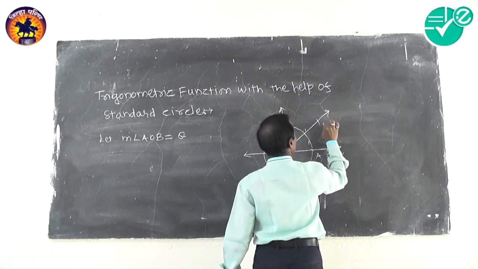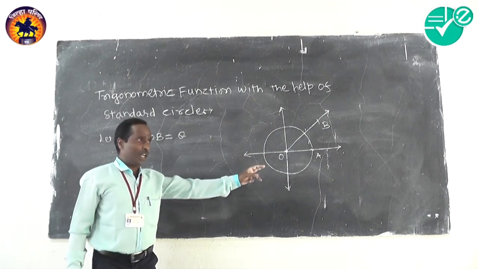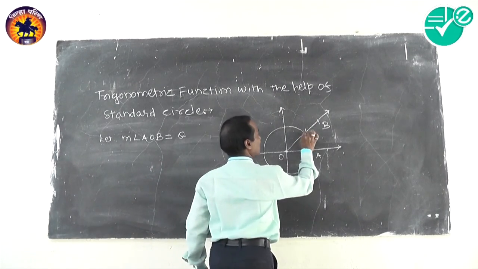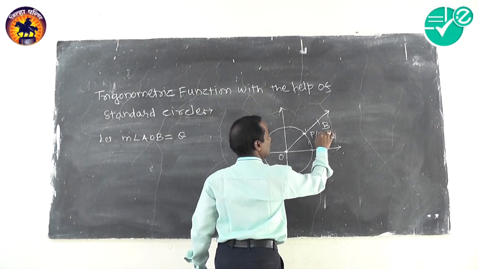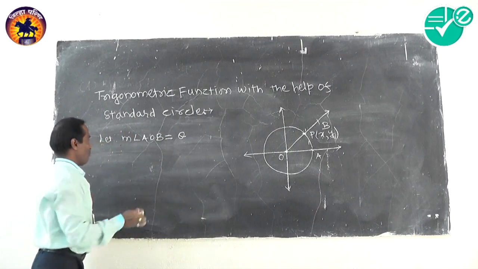So angle AOB is in standard position. Terminal arm OB intersects the circle at point P. Let the coordinates of point P be x, y.